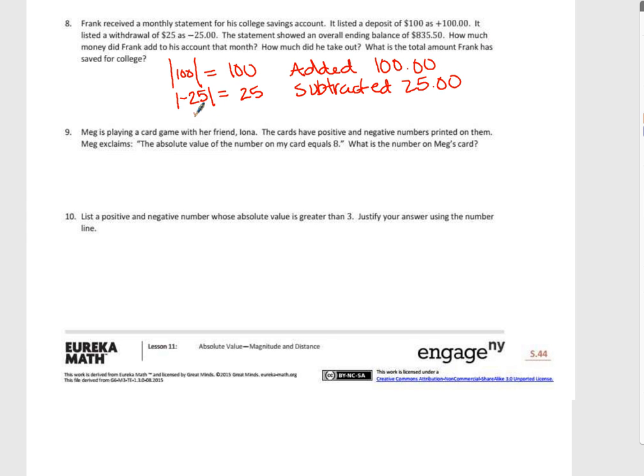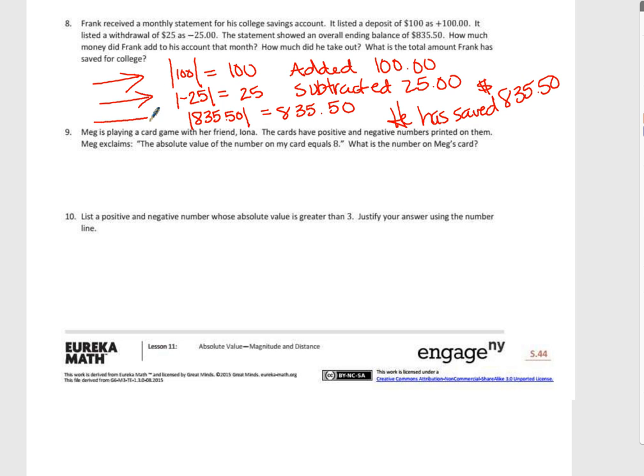And then the absolute value of $835.50 is just $835.50. What is the total amount he has saved for college? He has saved $835.50. So literally, it's not difficult, guys. We're just trying to make sure that we know how to write them as an absolute value, and notice that they always come out positive.